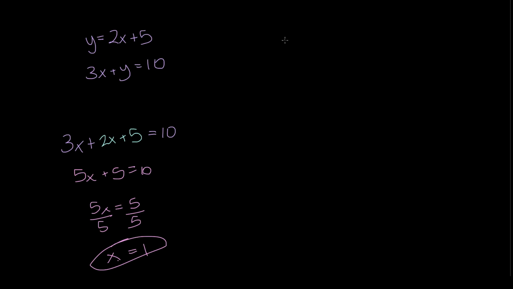So our first equation was, again, y is equal to 2 times x plus 5. X is equal to 1, so we're going to sub in the 1 right here and continue with the rest of the equation. Now solving for this, we have y is equal to 2 times 1, which is 2, plus 5.